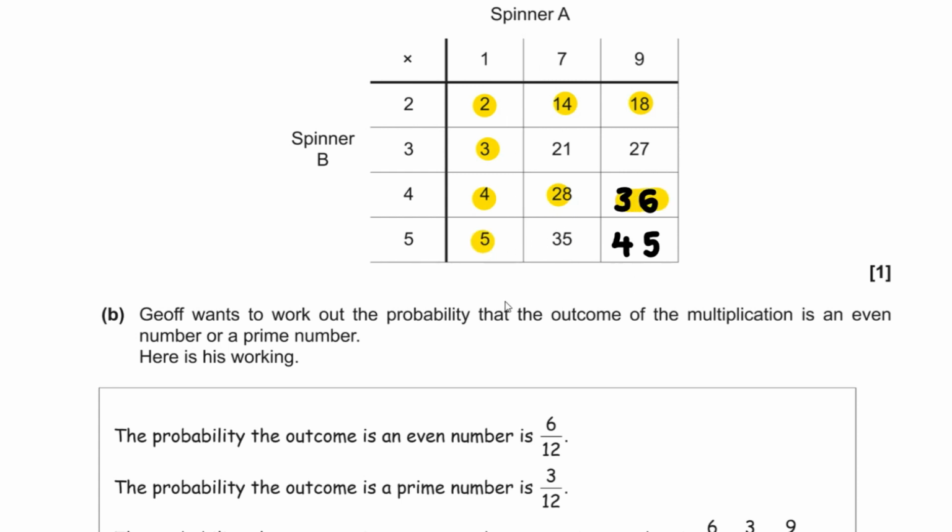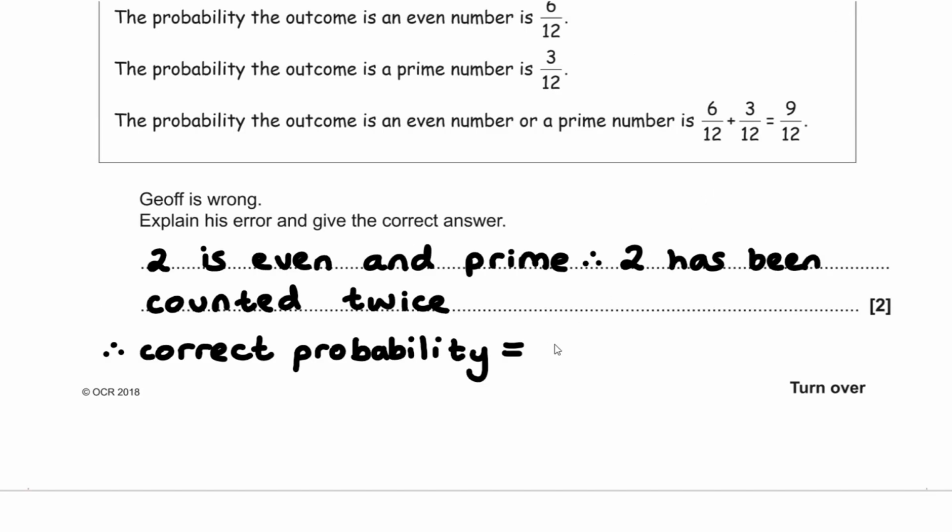These are the numbers that are even or prime. We've got 1, 2, 3, 4, 5, 6, 7, 8 of those numbers. So the correct probability then is 8/12, which is equal to 3/4.